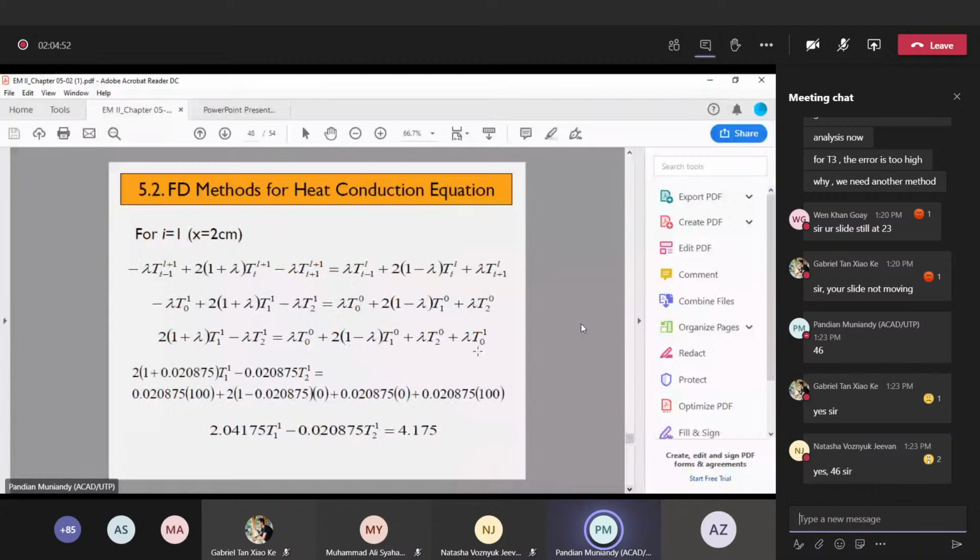As I said, the system is like this. The T superscript L plus 1 on the left hand side, T superscript L on the right hand side. You rearrange this equation in this form. This is called standard form. So at I equals to 1, you form the linear equation.